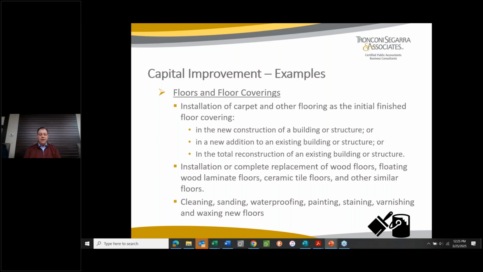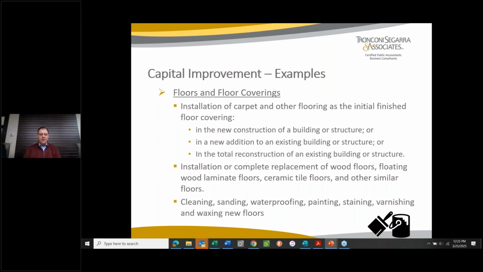So you build a building, you put carpet down throughout the building, then it's a capital improvement, as long as you do it within like 6 months or so. But 10 years later, like we did, we went through and we put new carpet tile down. Well, that's going to be taxable because it's not the initial, finished floor covering. So you've got to be careful about something like that.